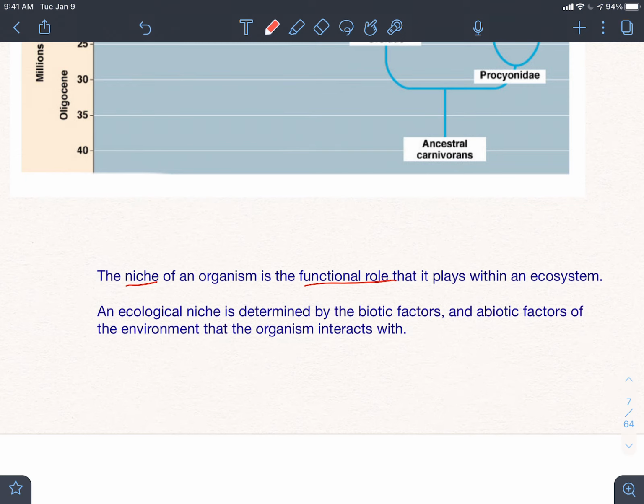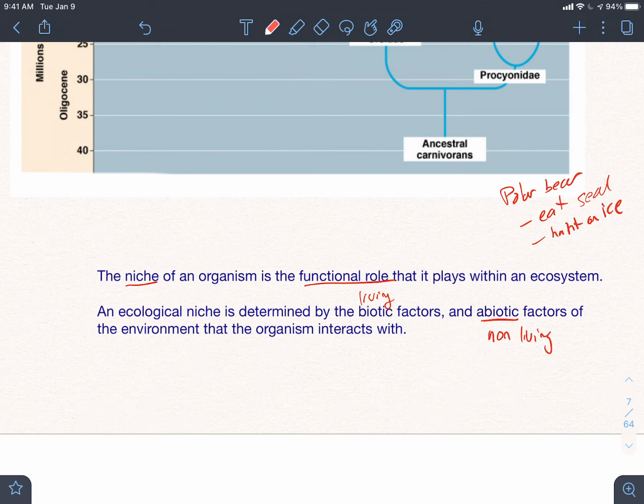It travels on ice, so it requires that abiotic factor, that's non-living. And then we have the biotic factors, living factors. So for polar bears, they eat seal. They hunt on ice.